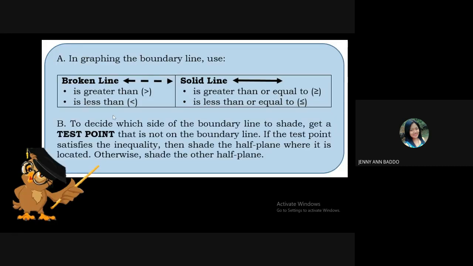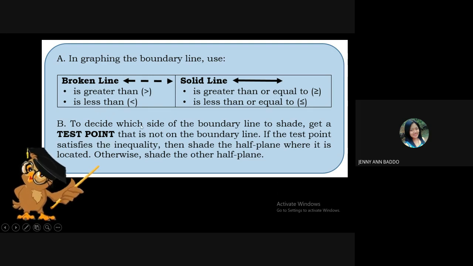Always remember, in graphing the boundary line or the plane divider, use broken line for the greater than and less than symbols, and solid line for greater than or equal to and less than or equal to symbols.